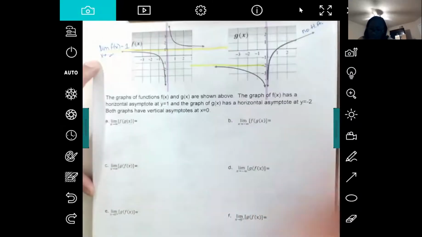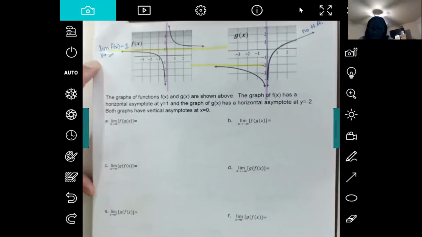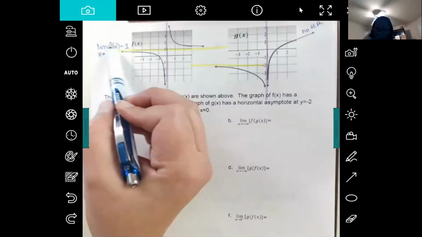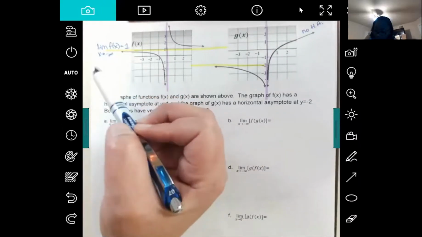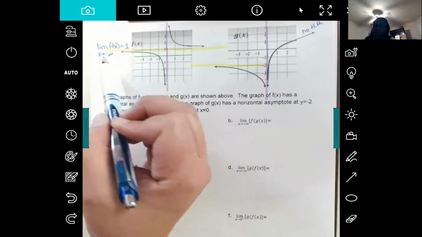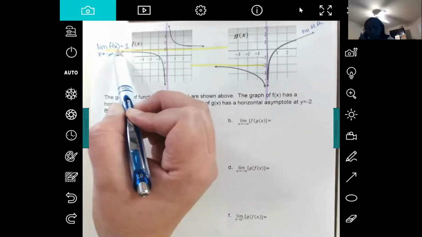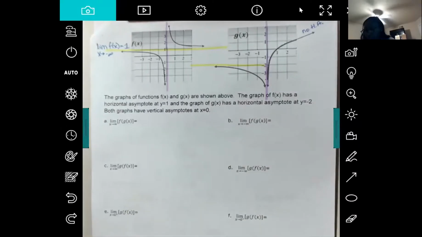Correct, 1. You use the y, correct. And think about why: what does f of x stand for? The y value, right? So it's saying as x goes to negative infinity, f of x, which is just another way of saying y, is going to 1. Okay, what about on the other side?